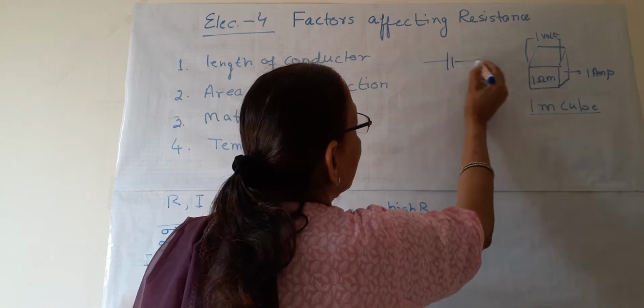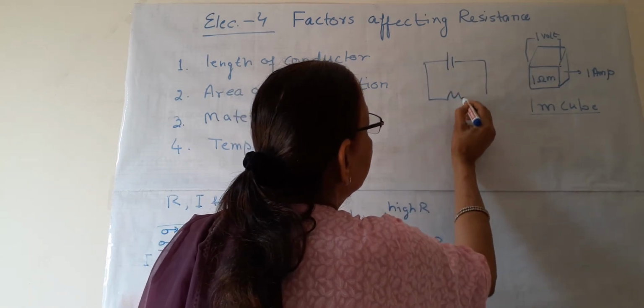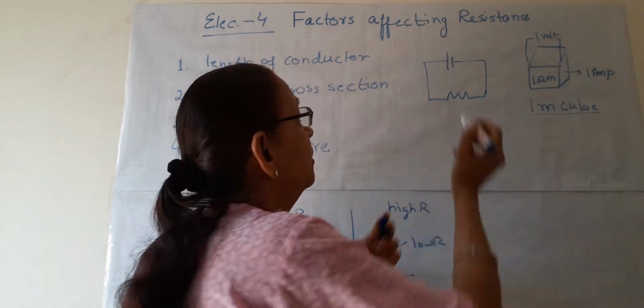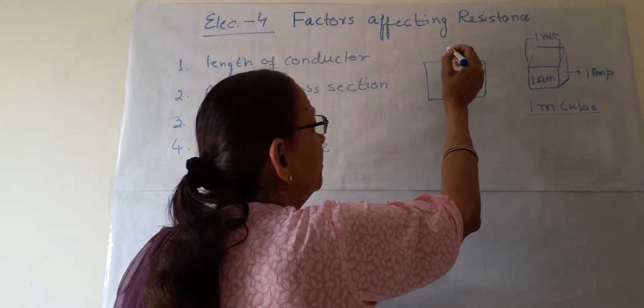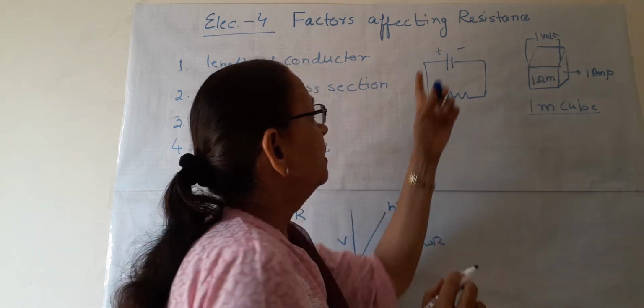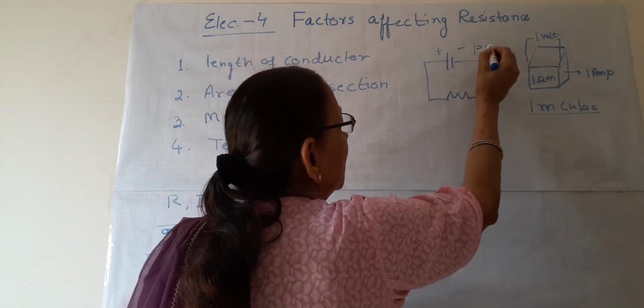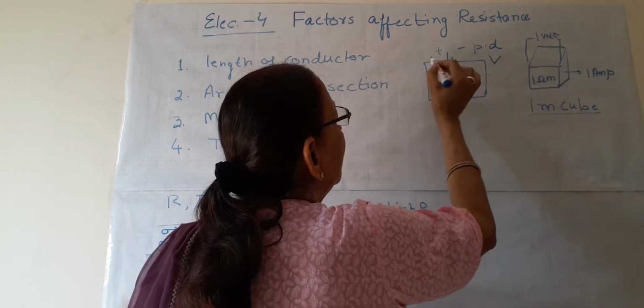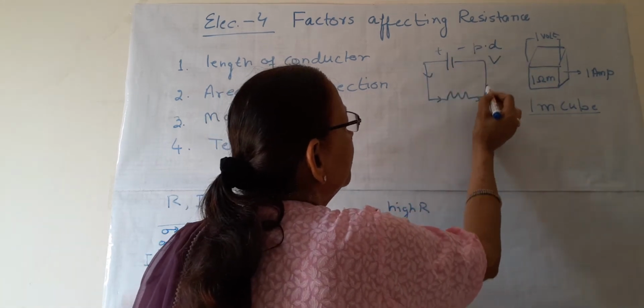Suppose this is an electric circuit and this is a conductor or resistor. This is the cell or battery. This will have some PD across its terminals. Suppose this is V, and a current will pass through this.